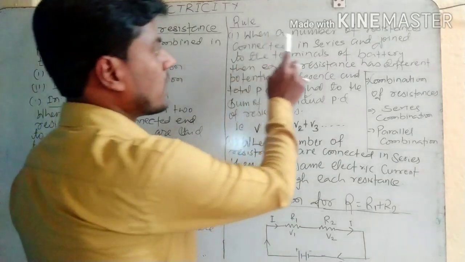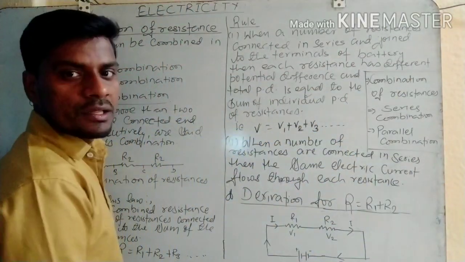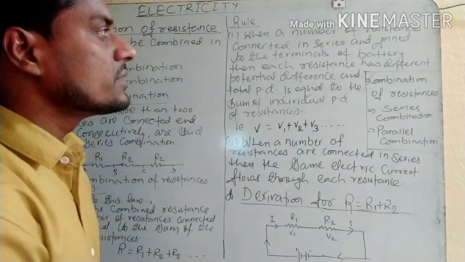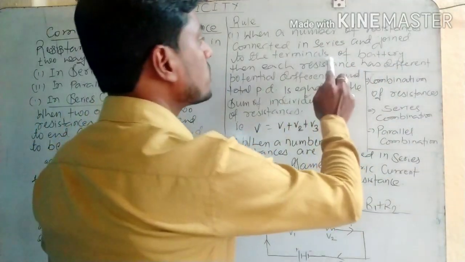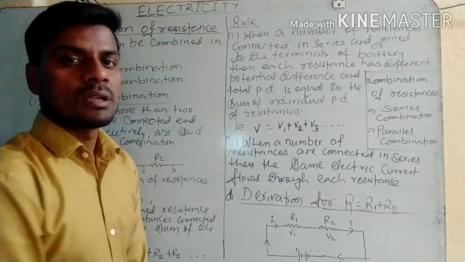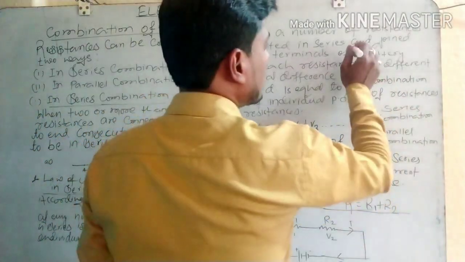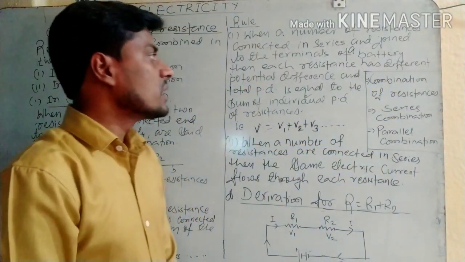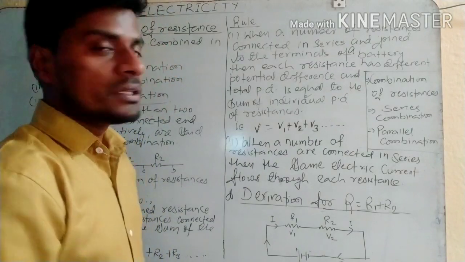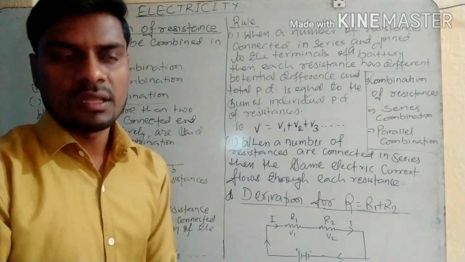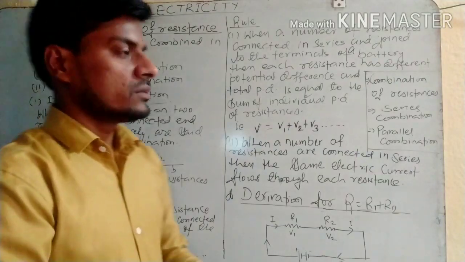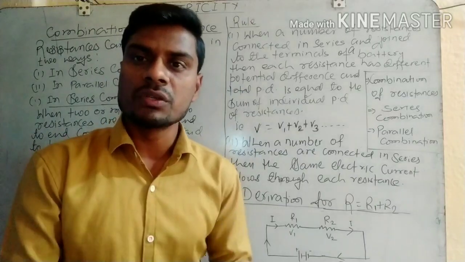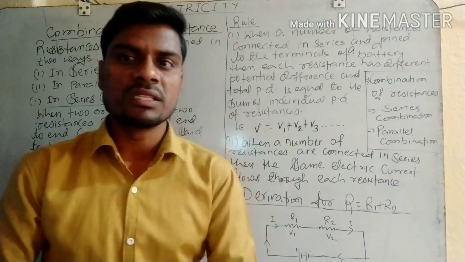When a number of resistances connected in series are joined to the terminals of a battery, then each resistance has a different potential difference, and the total potential difference is equal to the sum of the individual potential differences of each resistance.